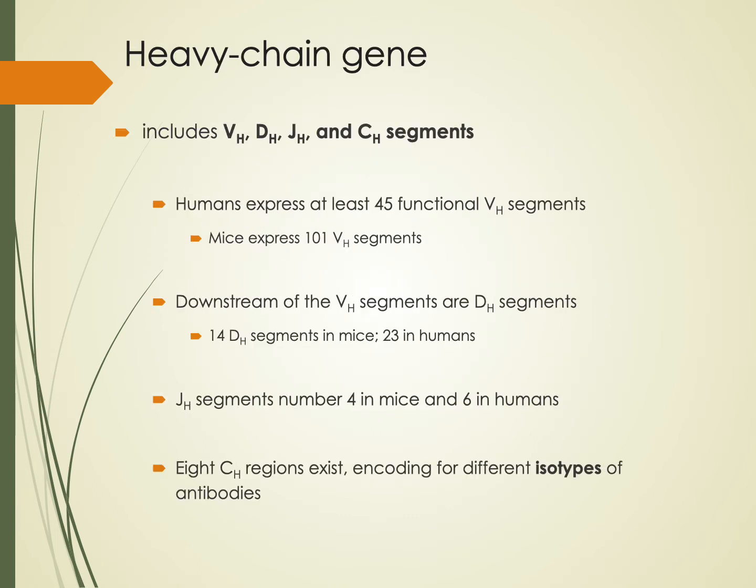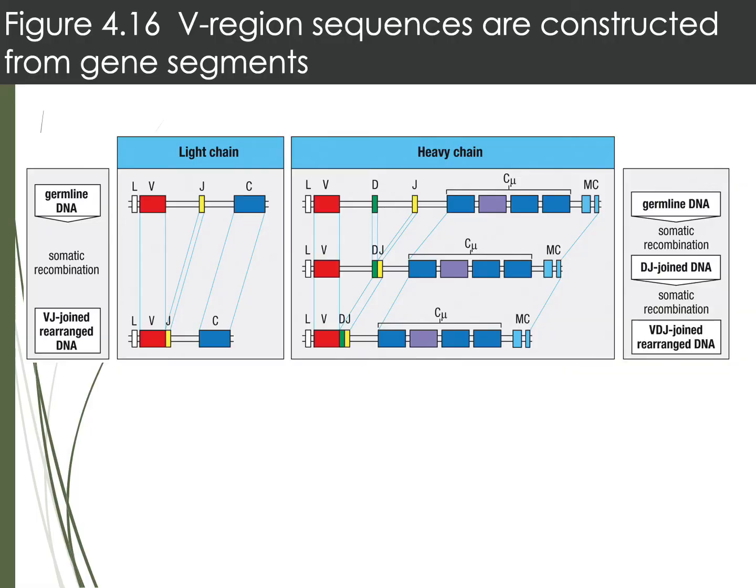And then the heavy chain has all 4 segments: variable, diversity, joining, and constant. Remember that the constant segment codes for the different isotypes, the different classes of antibodies that are produced. With the light chain, you have your variable, joining, and constant.